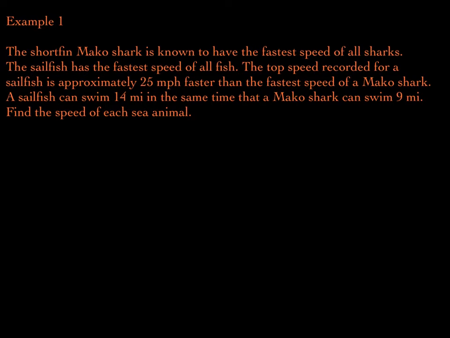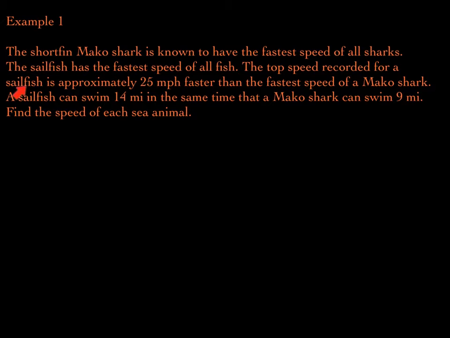Now, it says that the sailfish is approximately 25 miles per hour faster than the fastest speed of a mako shark. Between the sailfish and the mako, which of those two sea animals do you know least information about?